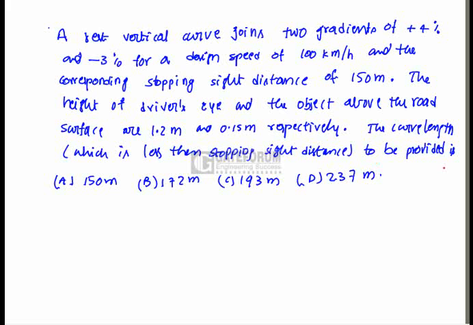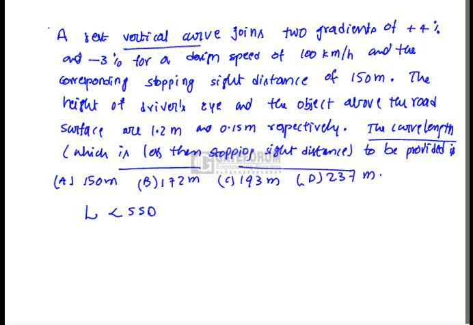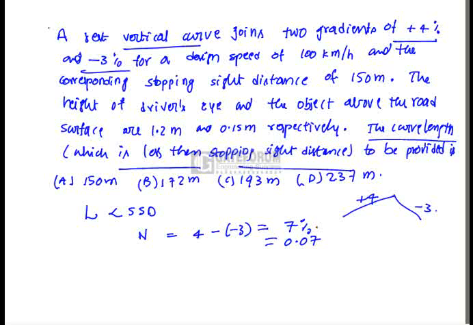If we look into the problem, what we need to find out is the curve length. The most important thing given is that the curve length is less than the stopping sight distance. Curve length we indicate as L and stopping sight distance as SSD. It is for a vertical curve and two gradients are given, +4 and -3. So the relative gradient, we can say N, is 4 minus of -3, that is equal to 7%, that is 0.07.